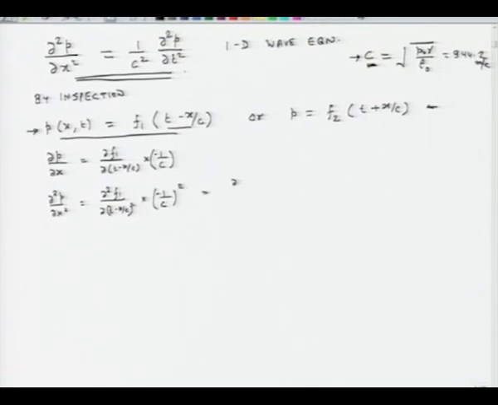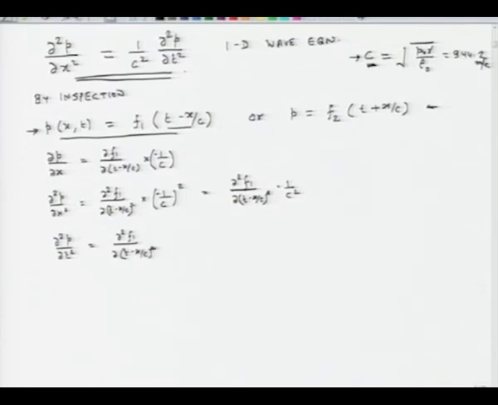So I get del 2 f1 over del t minus x over c square times 1 over c square. Similarly, the second derivative of pressure with respect to time is nothing but del 2 f1 over del t minus x over c square.